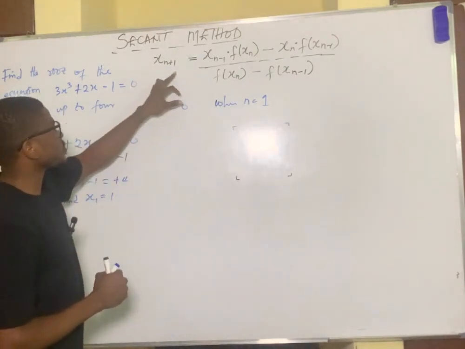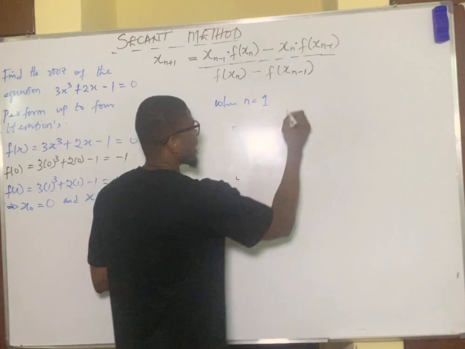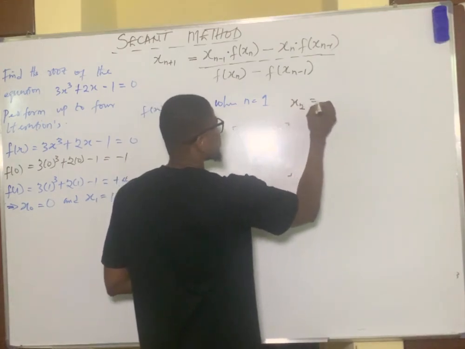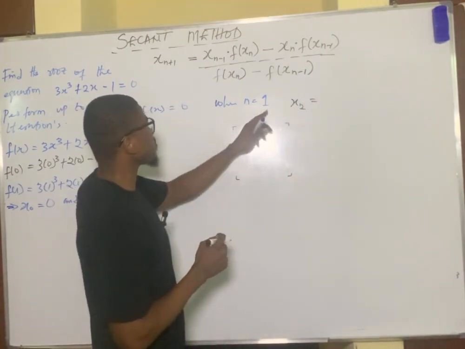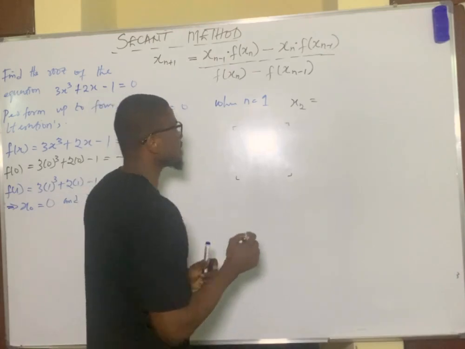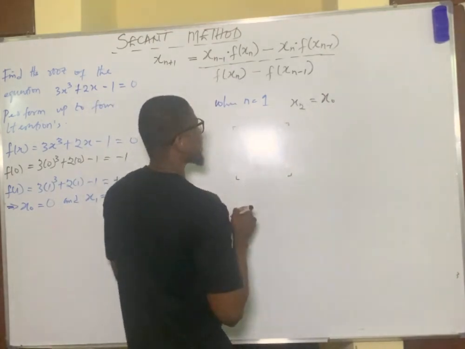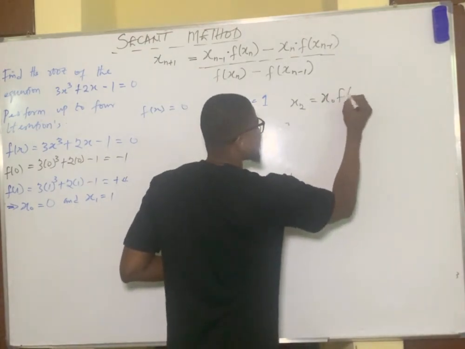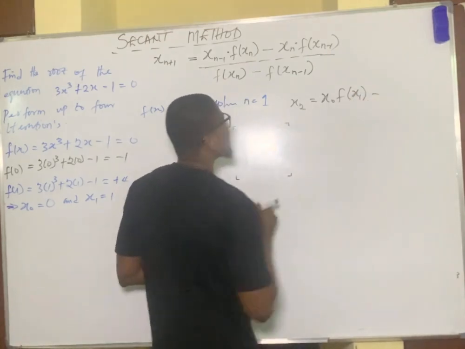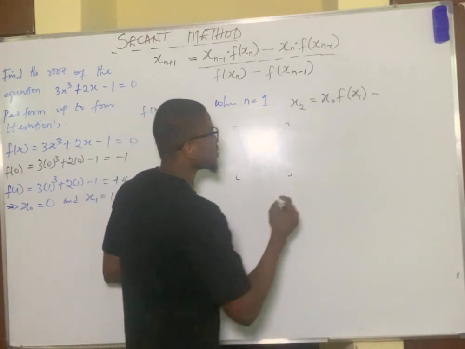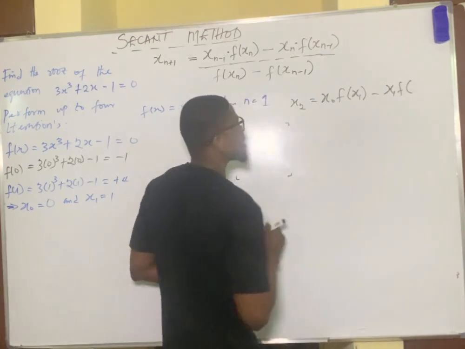I have x(n+1) here. Since n is 1, it becomes 1 plus 1, so that gives me x2. x2 is going to be equal to, this is x(n-1), and n is 1, so that becomes x(1-1), which simply gives me x0, multiplied by f of x(n), so times f of x1, minus, I have x(n), n once again is 1, so that becomes x1 multiplied by f of x(n-1).